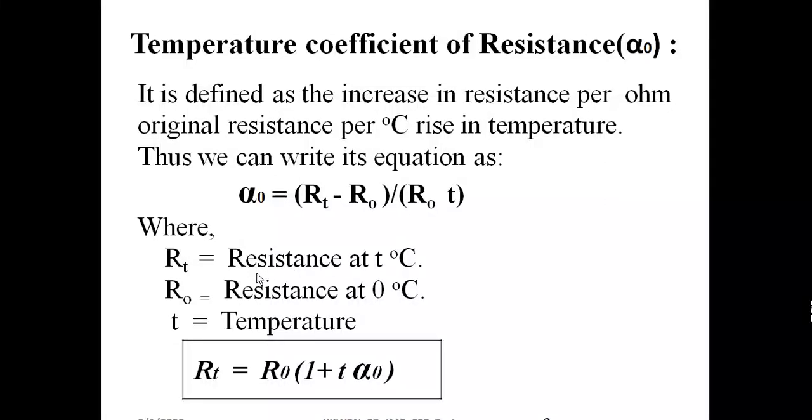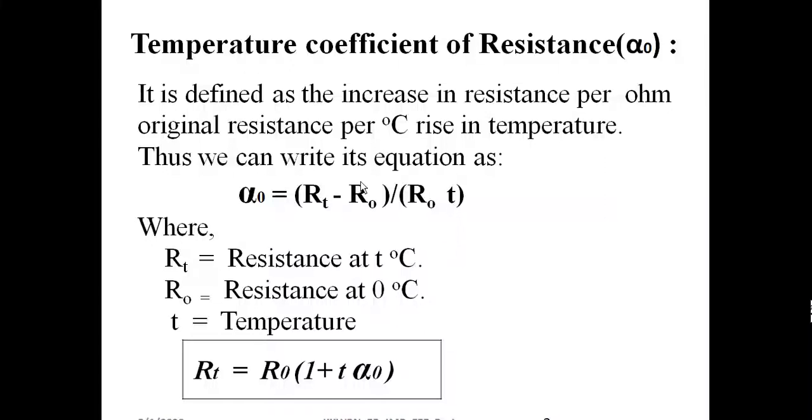What are these terms? Alpha 0 we already defined as temperature coefficient of resistance at 0 degree centigrade. RT is the resistance at t degree centigrade and R0 is the resistance at 0 degree centigrade and t is the temperature in degree centigrade.